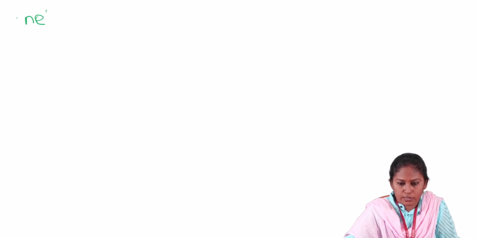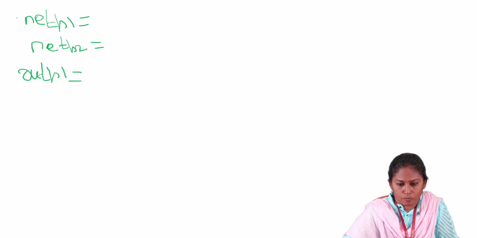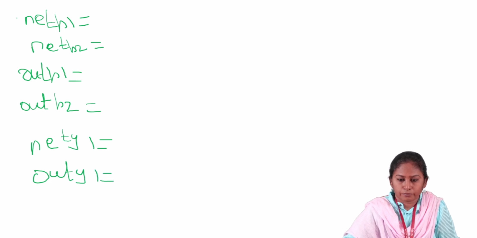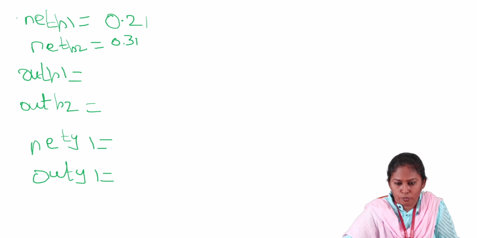So first one is net H1, which is equal to, yes, here net H1 value 0.21, net H2 0.315, then out H1.